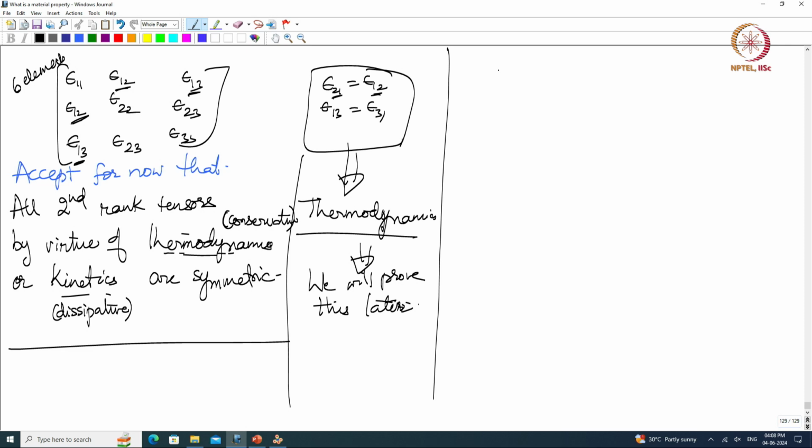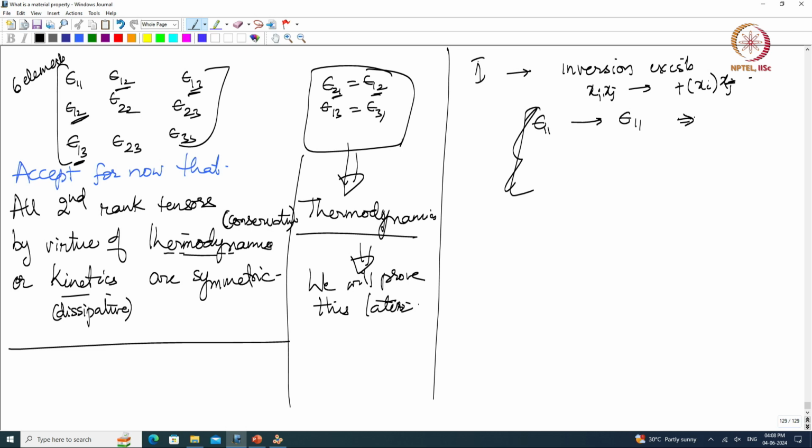Then I say that I have 1 bar symmetry, inversion symmetry. So xi xj will transform as minus xi minus xj, so that is xi xj. It is not going to transform into anything different. So epsilon 1 1 should transform as epsilon 1 1, which means epsilon 1 1 equals epsilon 1 1, but that is trivial.